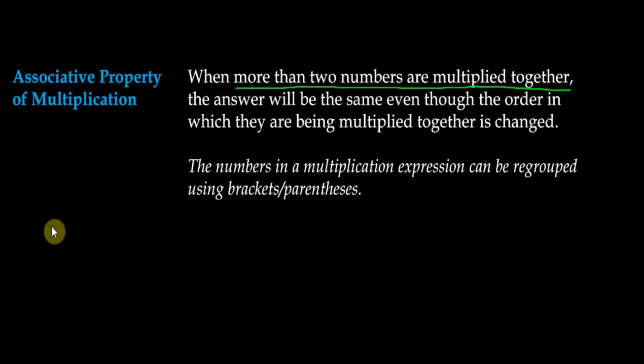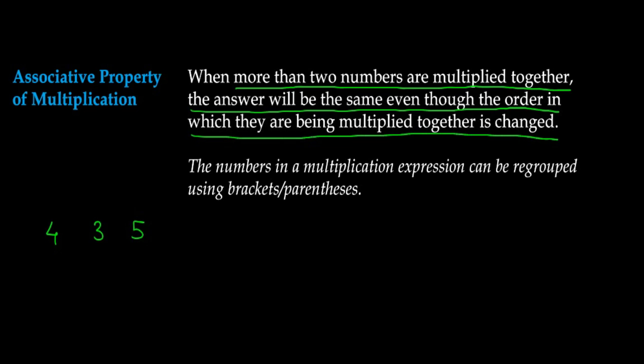So let's take three numbers, 4, 3 and 5. Now as this property says, when more than two numbers are multiplied together, the answer will be the same even though the order in which they are being multiplied together is changed. Further it says the numbers in the multiplication expression can be regrouped using brackets or parentheses.